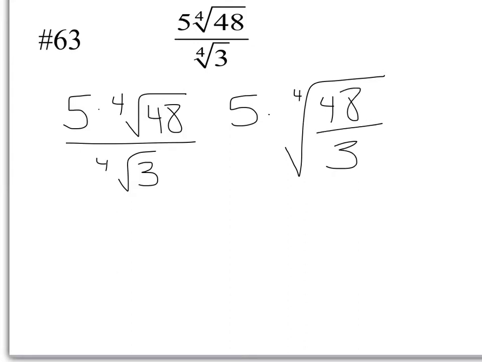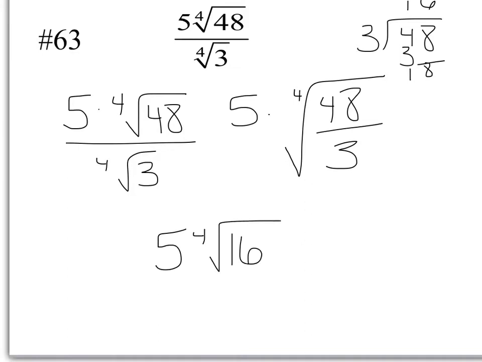Okay? And then if we take 48 and divide by 3, you get 16. Okay? So then we have 5 times the fourth root of 16.